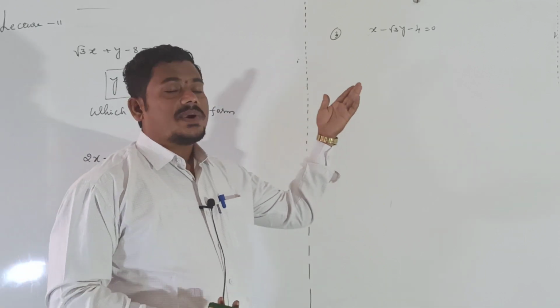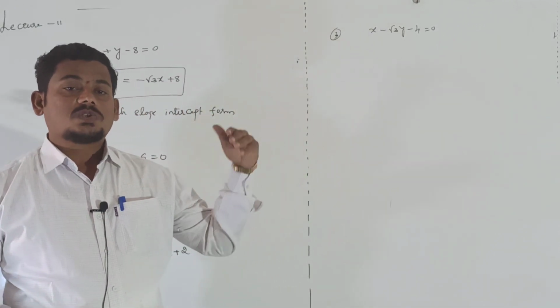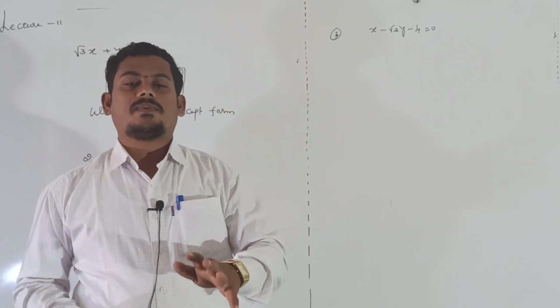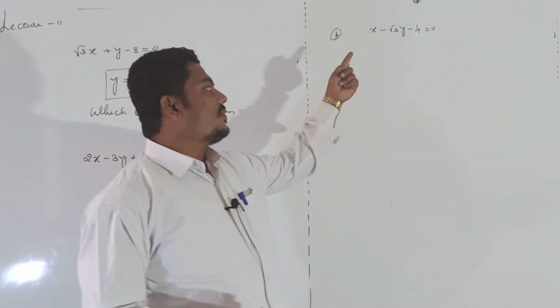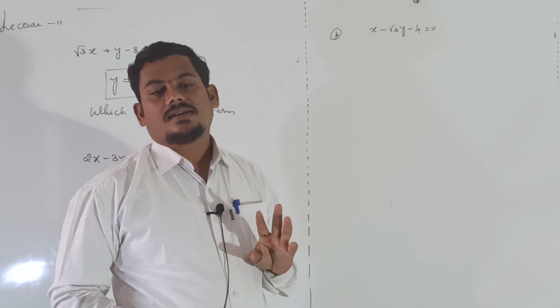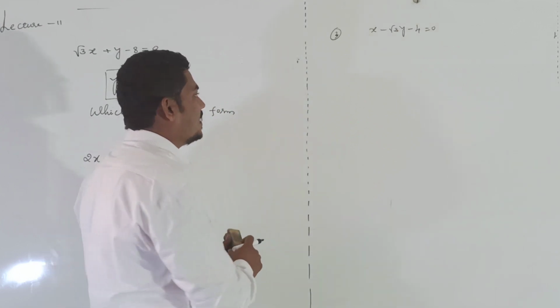First reduce this equation into slope intercept form, then find the slope and y intercept, right?